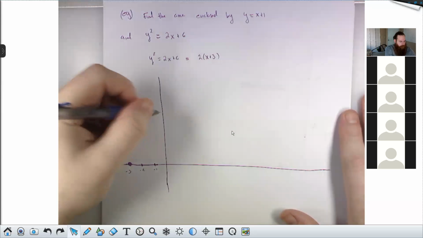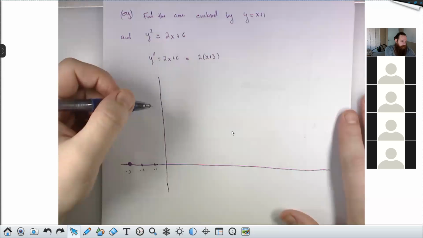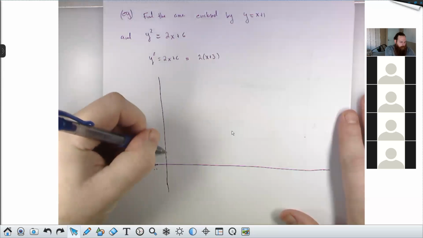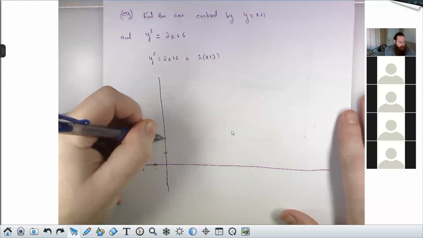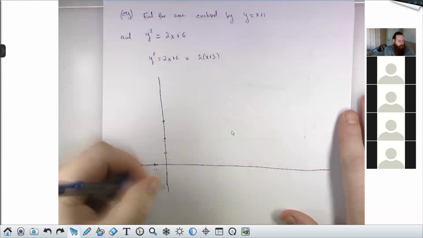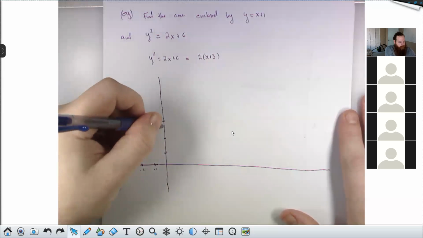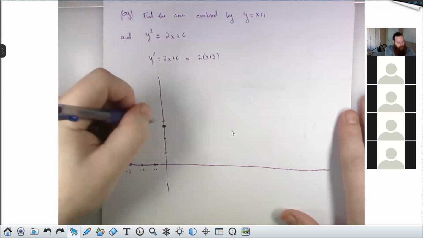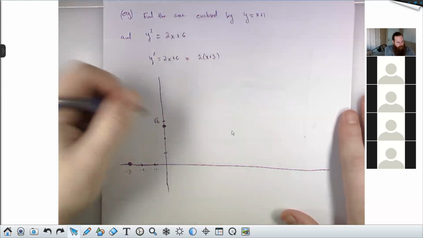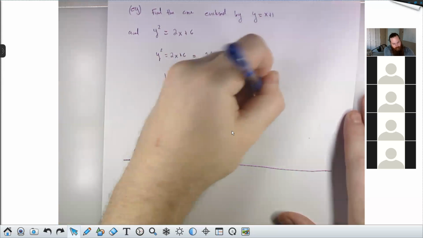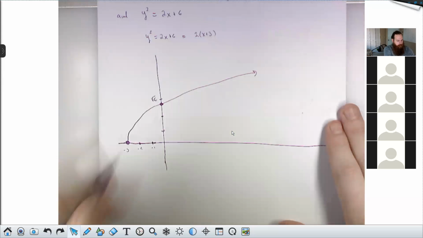So maybe root 6 is, let's see, root 4 is 2. So 1, 2, 3. So the square root of 6 is going to be somewhere around here. So this parabola, something like this guy.